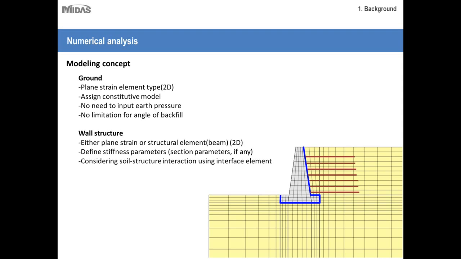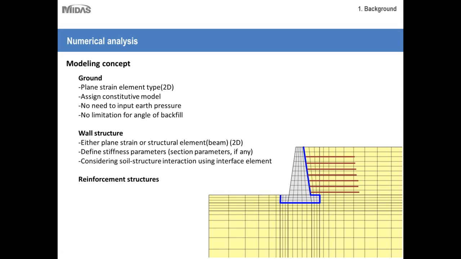Now, what soil structure interaction is and what an interface element is, I'll discuss in detail in the third part of this session. But for now, you can just understand it as something like a coating applied on the periphery of the retaining wall which is in contact with soil. So basically, this is your structure, this is your soil, and how the soil will interact with the structure is governed by this dark blue line, which is the interface elements.